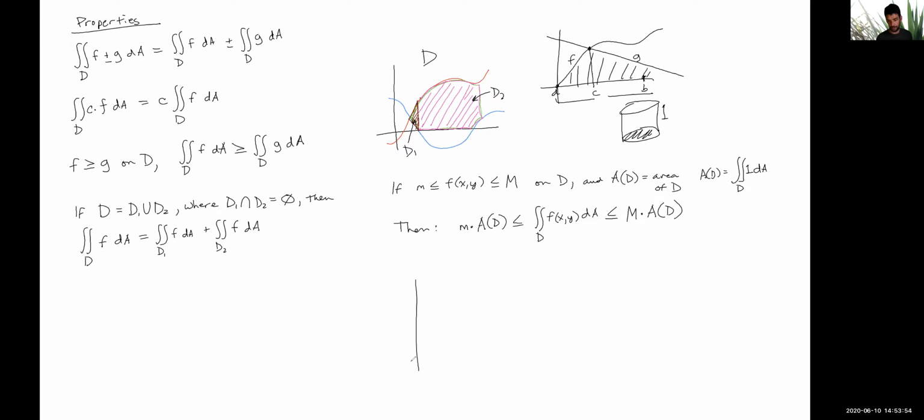The comparable idea from single variable calculus is if I have a function f, we're looking between a and b.